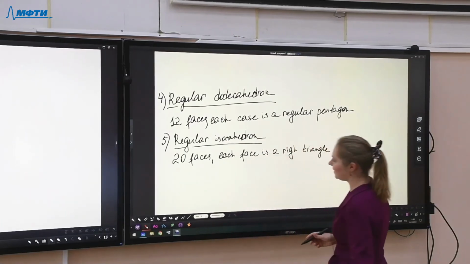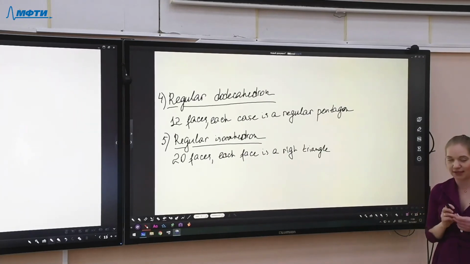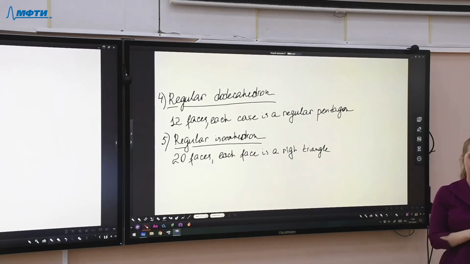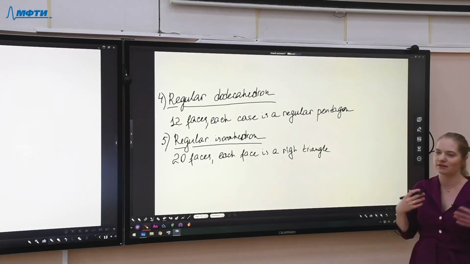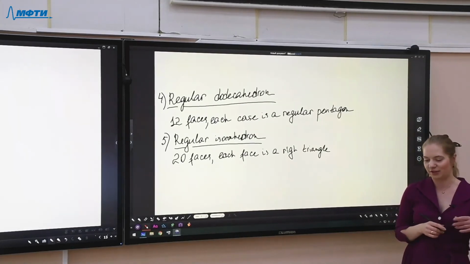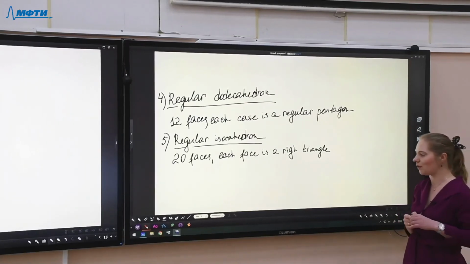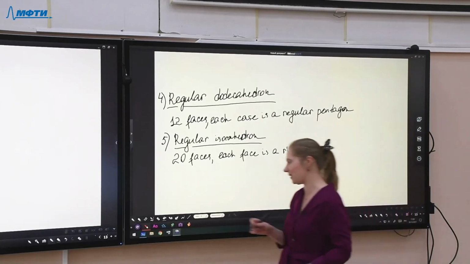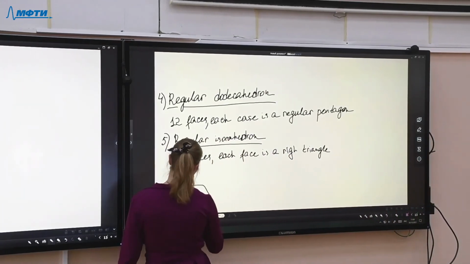So as you can see, we can use only triangles, squares, and regular pentagons to compose regular polyhedrons. Why is it so? Because, for example, if we consider a regular hexagon, we know that each angle is 120 degrees.